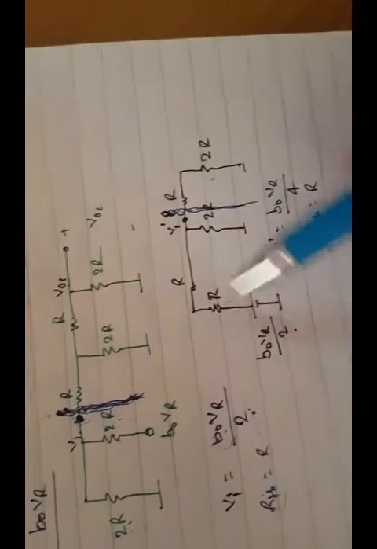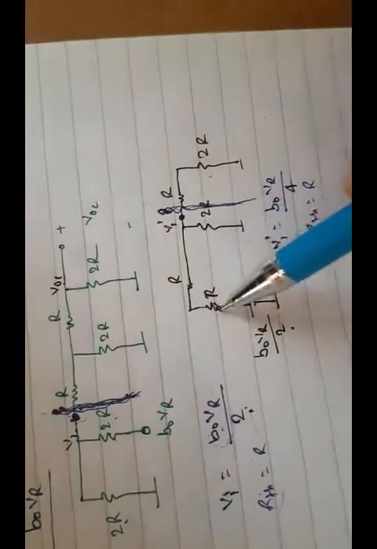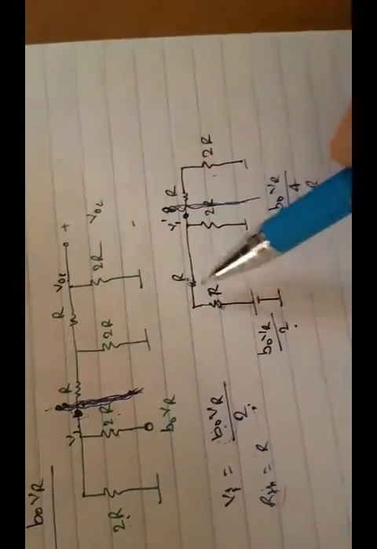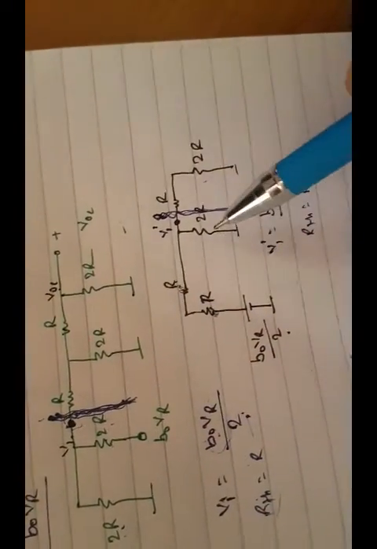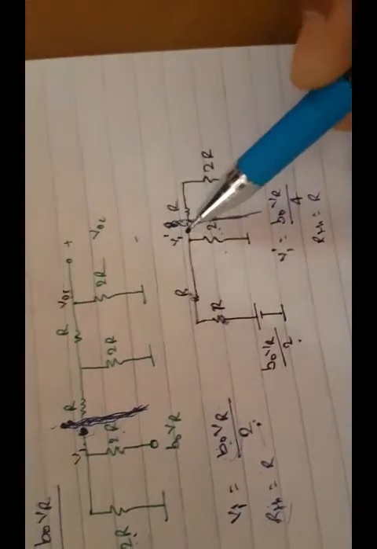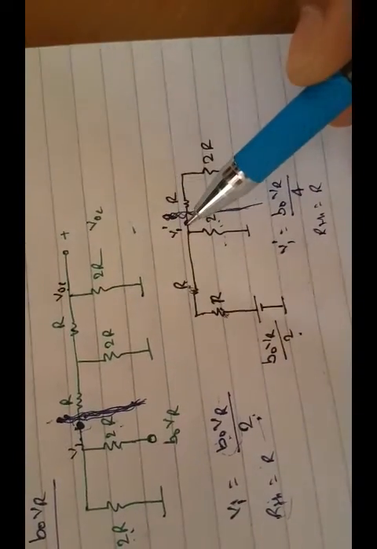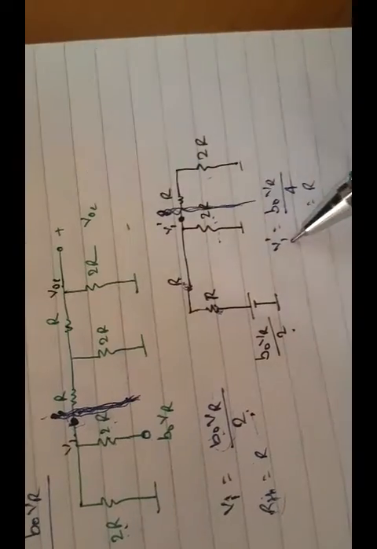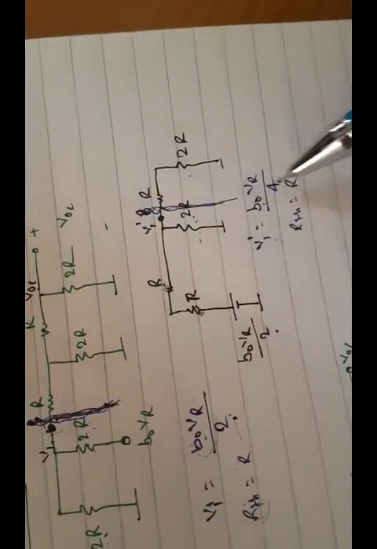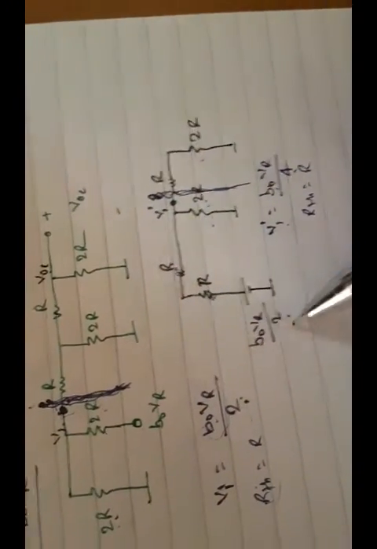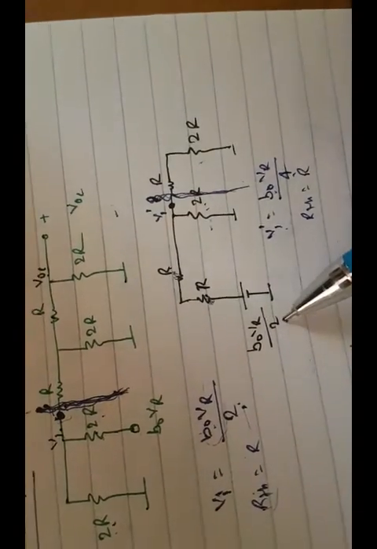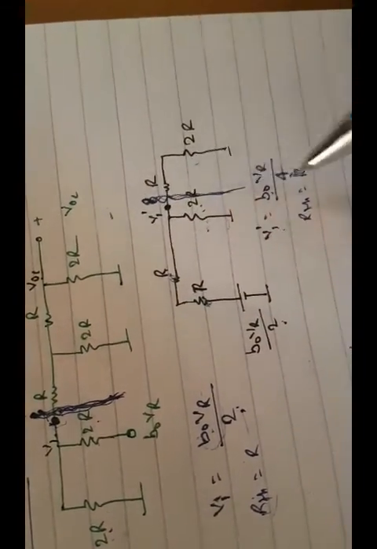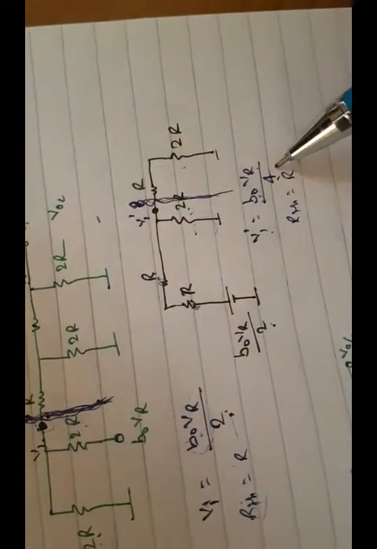Now again R and R in series, so the total resistance will be 2R. Here resistance 2R, here resistance 2R. The open terminal voltage, again with voltage division, V1 dash will be B0 VR by 2 divided by 2, so V1 dash will be B0 VR by 4.